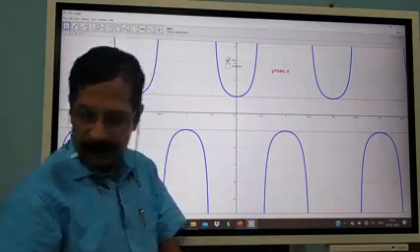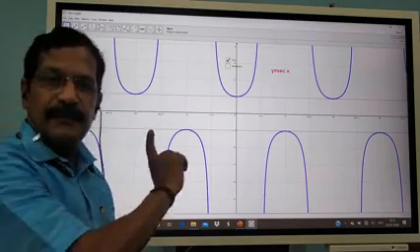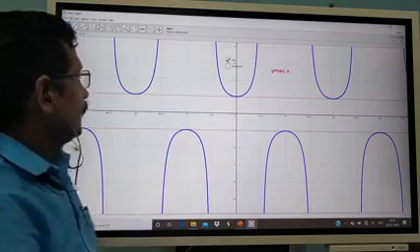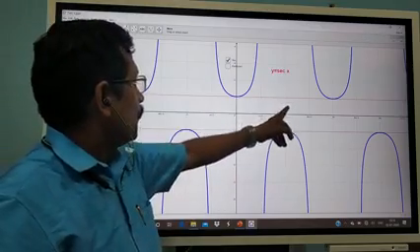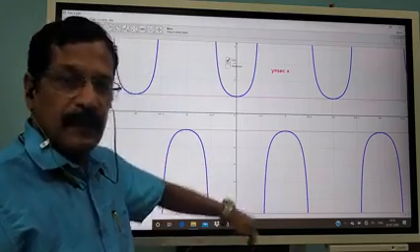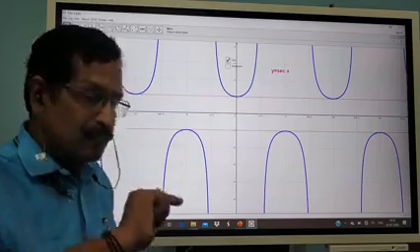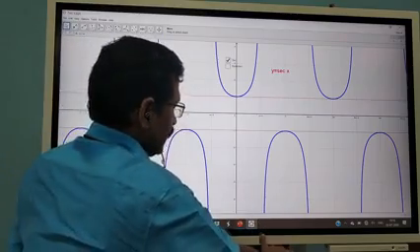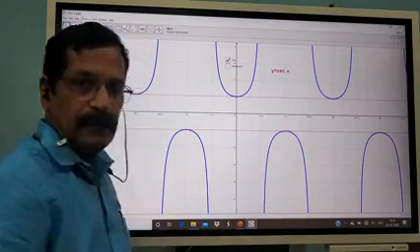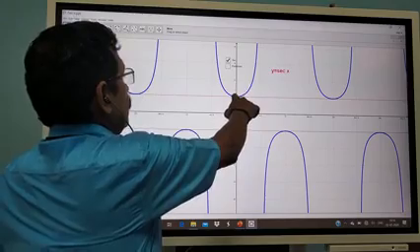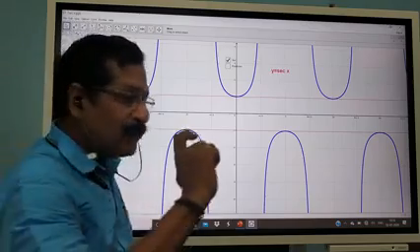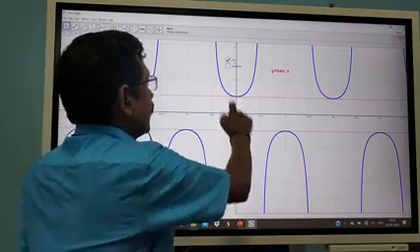That is the function defined in the slide. Now, in that case, the secant values are taken from minus infinity up to minus 1, and 1 to infinity. The secant function is not taking any value between minus 1 and plus 1.